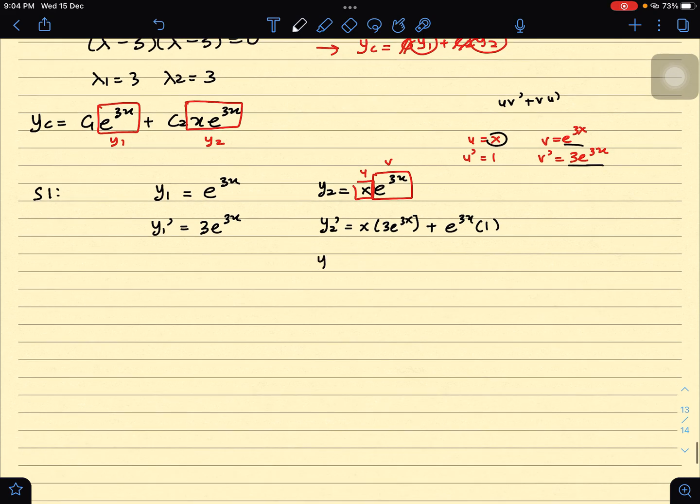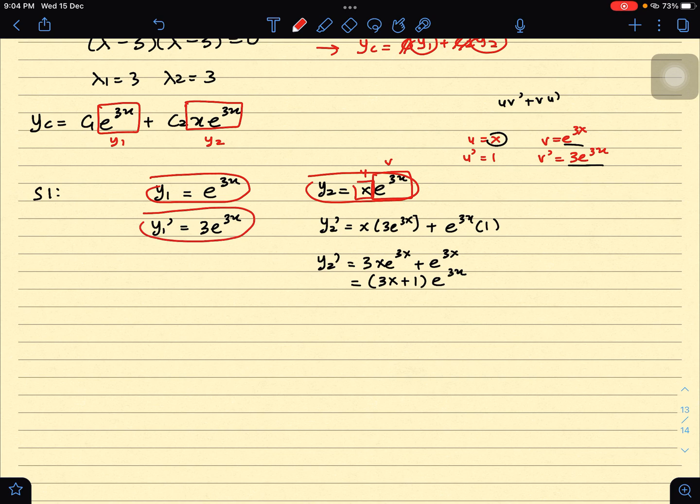So your y2 prime is 3x exponent 3x plus exponent 3x, atau awak boleh tulis dia sebagai 3x plus 1 exponent 3x. Saya faktorkan exponent 3x. Okay, sekarang you dah ada y1, y2, y1 prime and y2 prime.